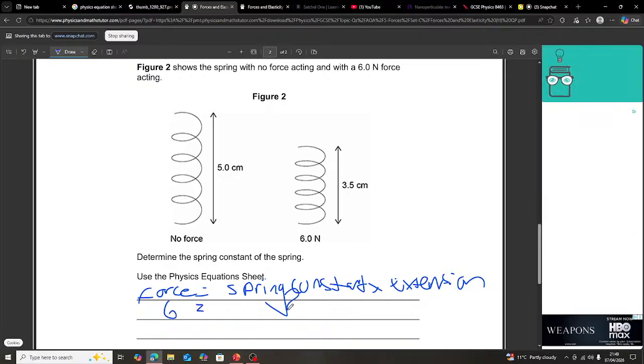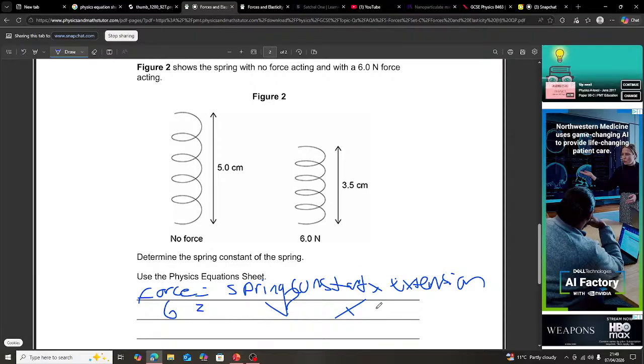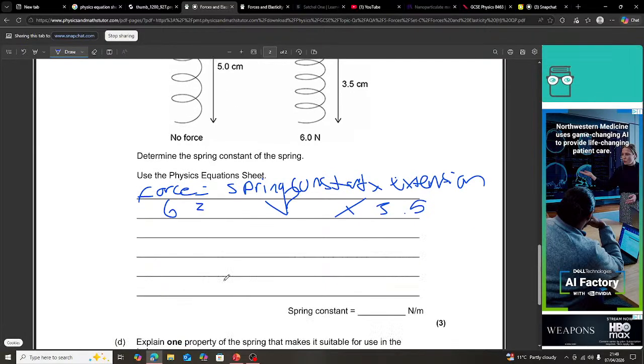Spring constant... I'm just trying to find the exact message. Send it in the group chat. 1.7.